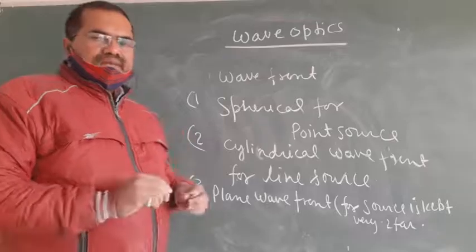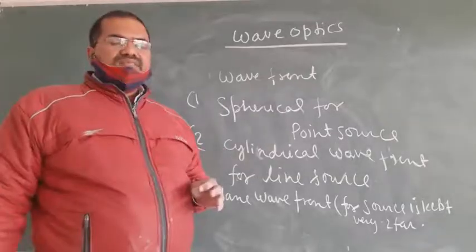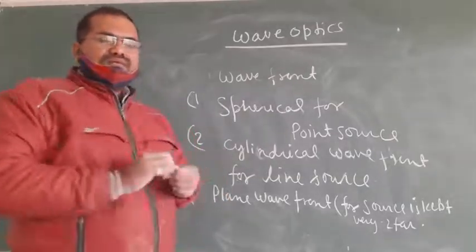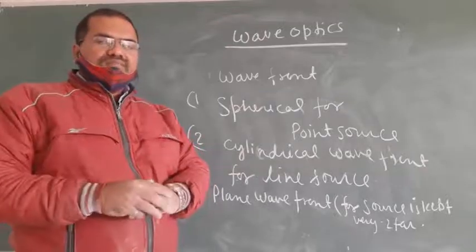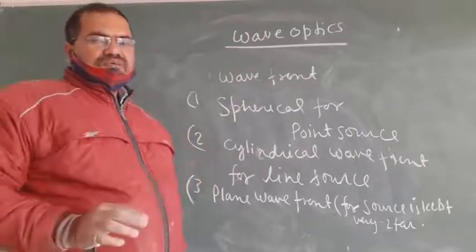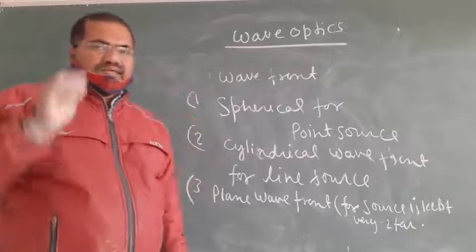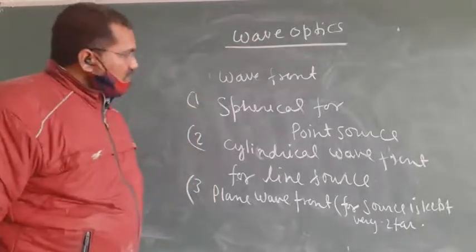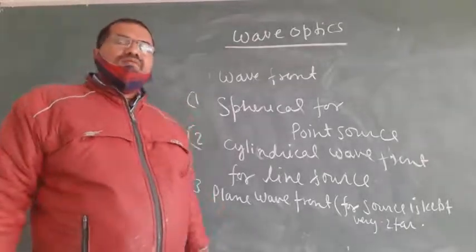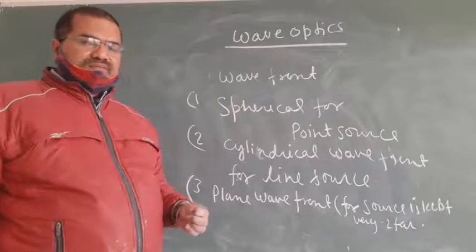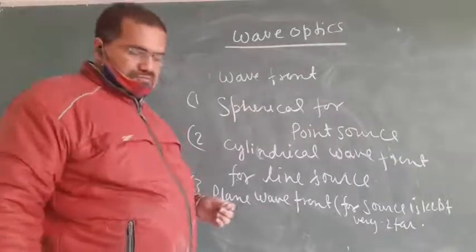It's pretty much similar to Gaussian surface, so you can say wavefront is the analogy of Gaussian surface, and Gaussian surface is drawn for the electric lines of force, that is below. Similarly, wavefront is drawn for light rays, you can say here. So write it down.